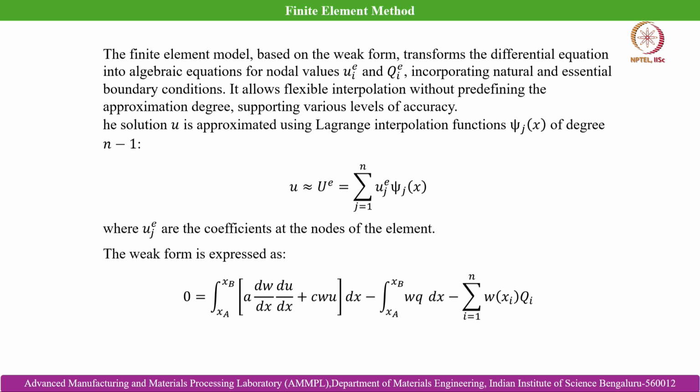It allows flexible interpolation without presuming the approximation degree, supporting various levels of accuracy. We are stopping with this class, and in the next class we will discuss how we finally arrive at the element matrices, and how we can solve a given problem within the finite element framework. Thank you.